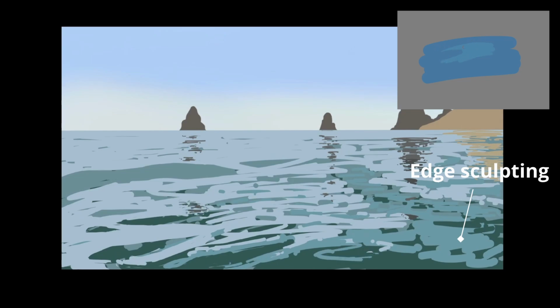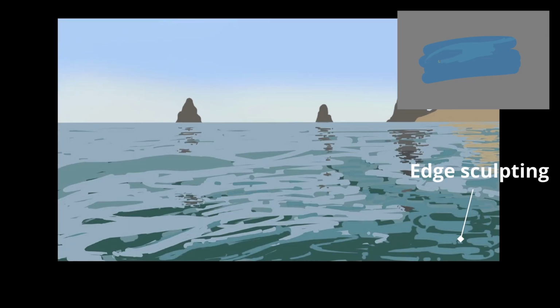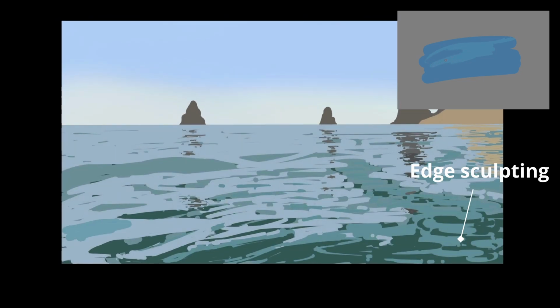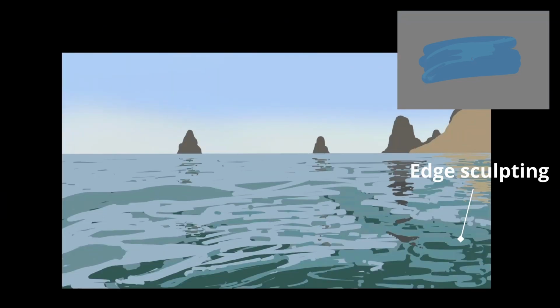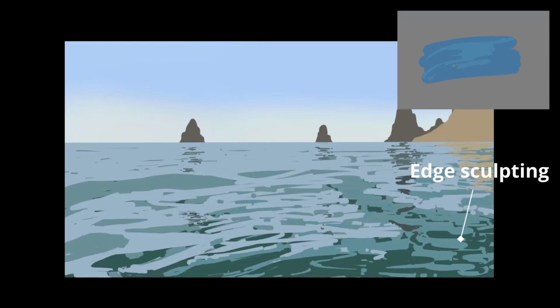The trick is to swap between the brush and an eraser with the same hard round brush tip. Painting the masses with the brush and then sculpting it with the eraser. There is no random brush stroke, it is always intentional.